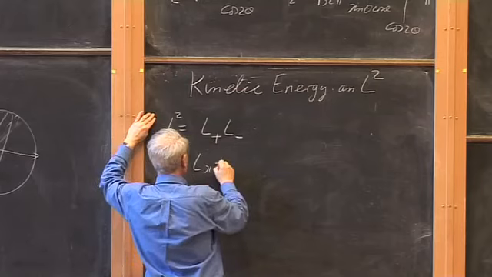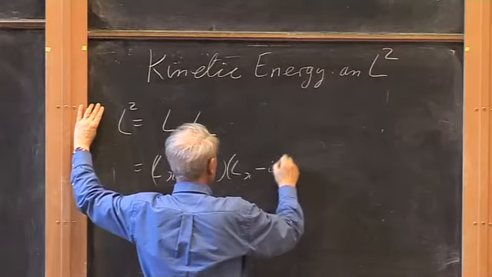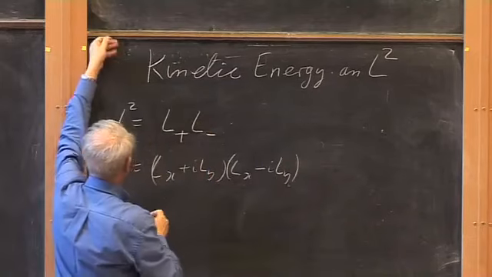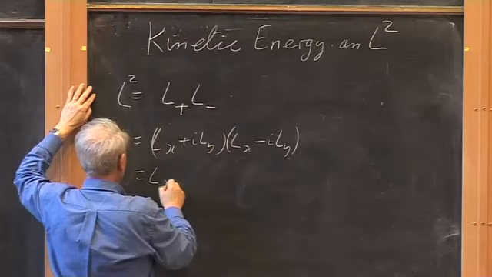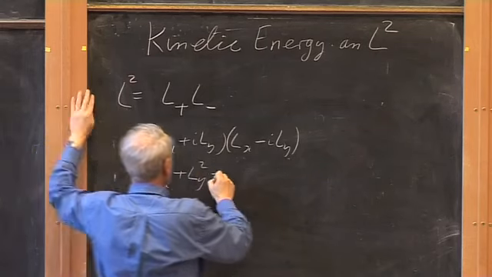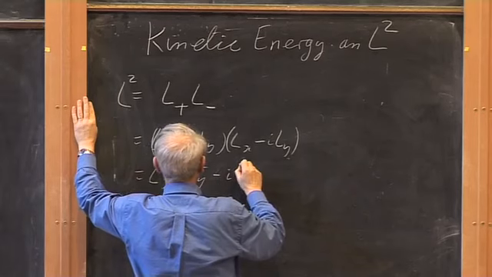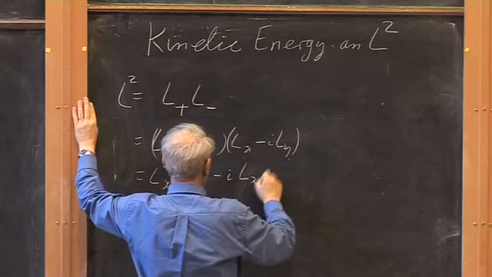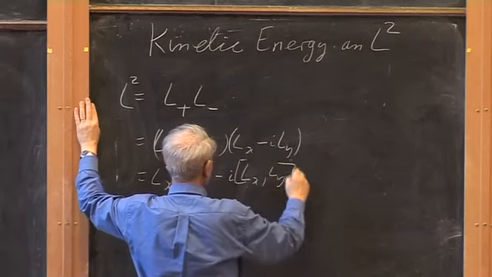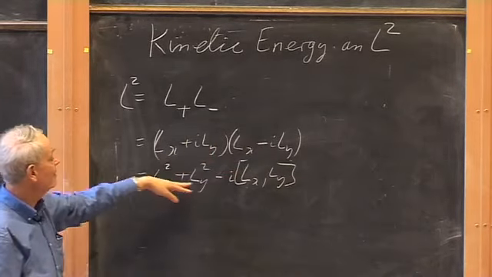This is Lx plus i Ly, Lx minus i Ly. What's that going to come to? That's going to come to Lx squared plus Ly squared plus, well, minus i, the Lx, Ly commutator. That's what this thing multiplies up to.